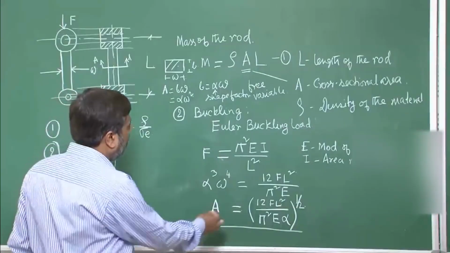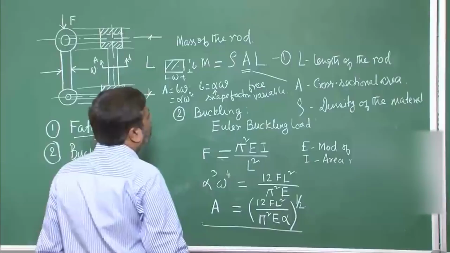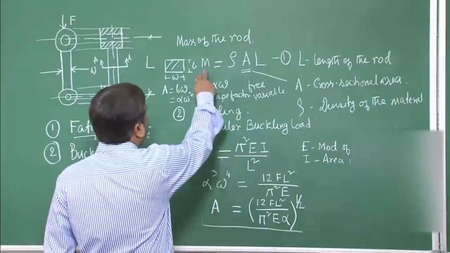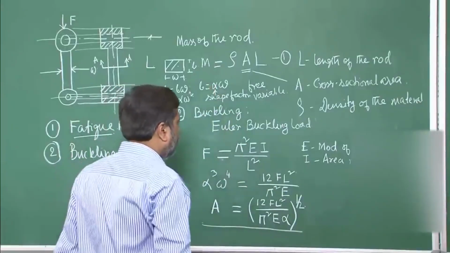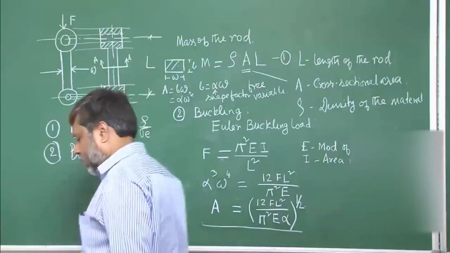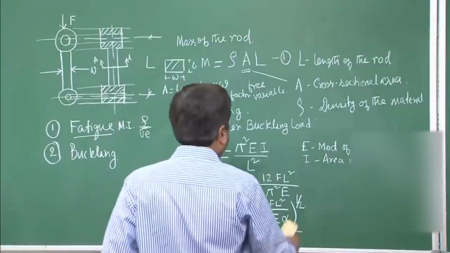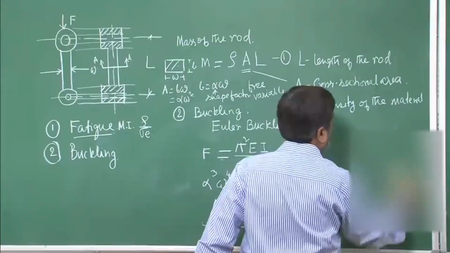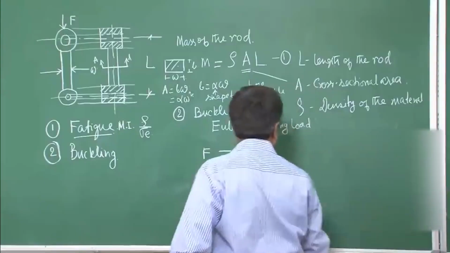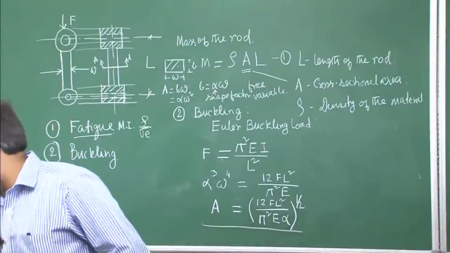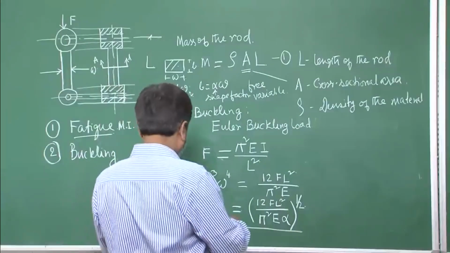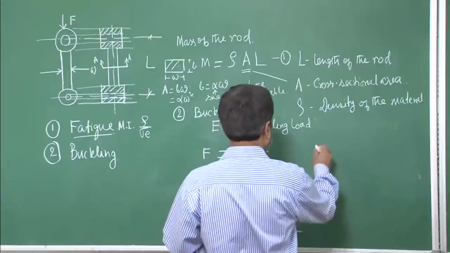I know the area now from the buckling load point of view. I can put it back into equation 1. Let us erase this little bit and find out how it will look.